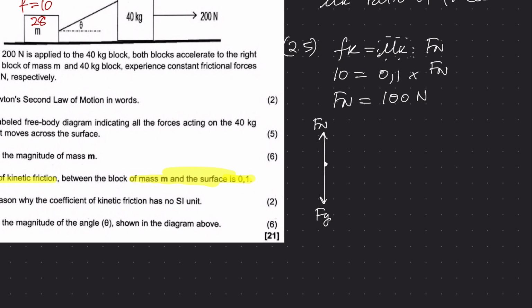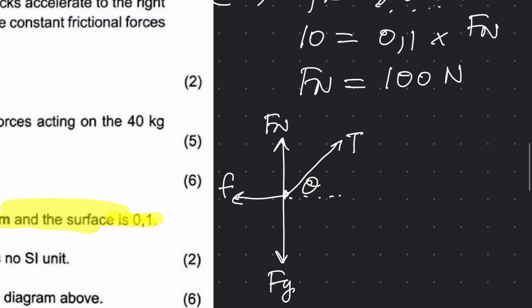We have gravity. Then we have the tension force, and we have friction here. Now this tension, as we mentioned before, acts at an angle. So it has two components, right? The first component is the x component, which we did already. This was Tx, and we worked that out to be 80 newtons, right?